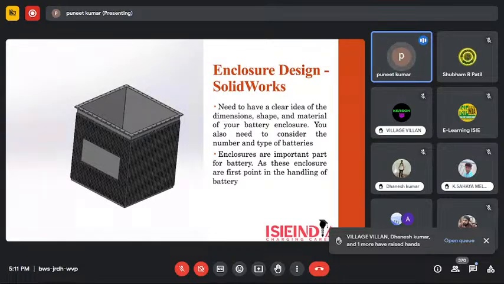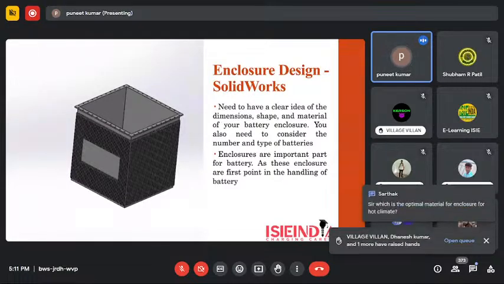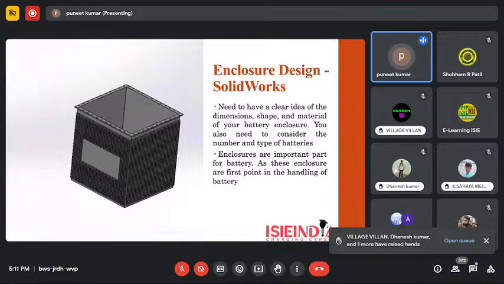So yeah, enclosure design is also an important part that we usually do in the designing software. The material depends upon the usability.